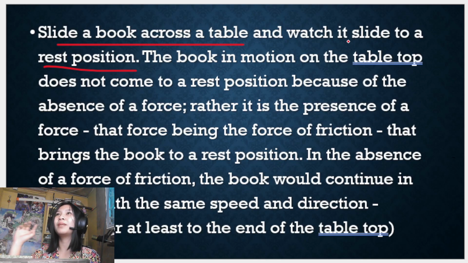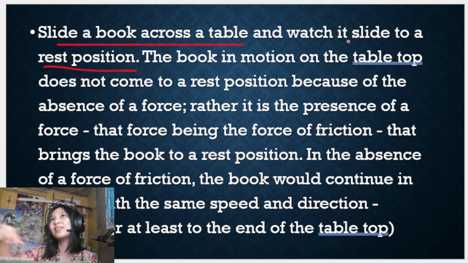But it is because of the friction between this surface and the book. Okay? So it is not because of the absence of force, but rather because of the presence of another force, which is the friction.